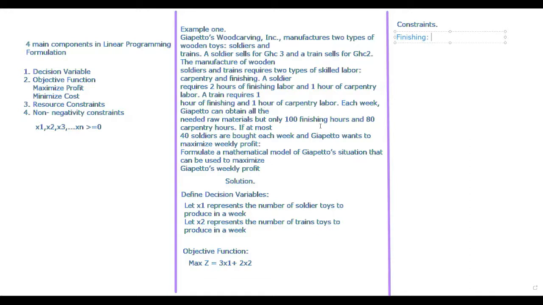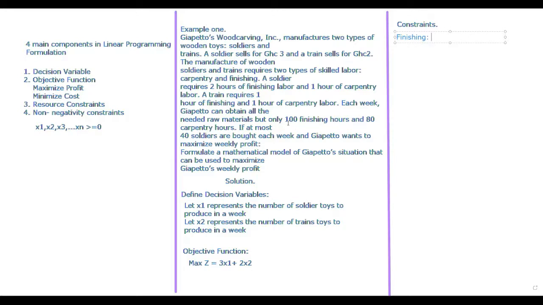So when you take the soldier, you are going to see the hours needed for finishing labor, the hours needed for what? Carpentry labor. When you take train toys, you are going to see the hours needed for finishing labor, the hours needed for what? Carpentry labor.